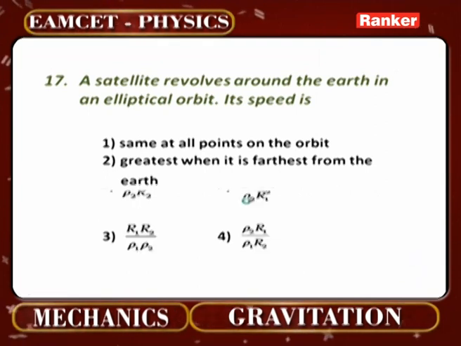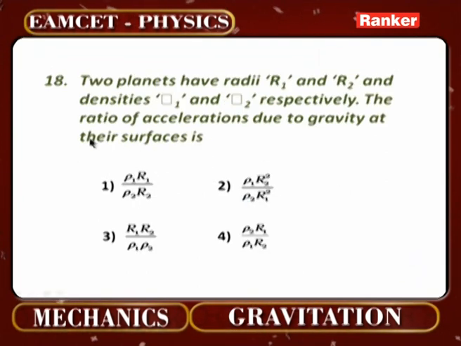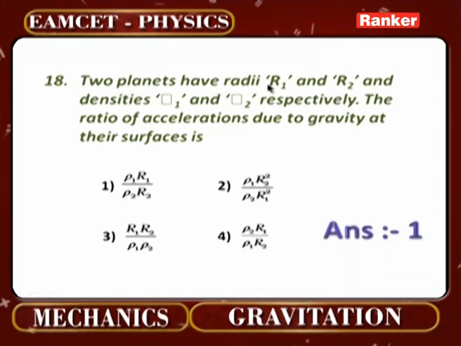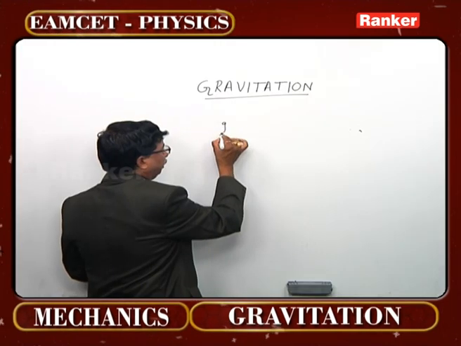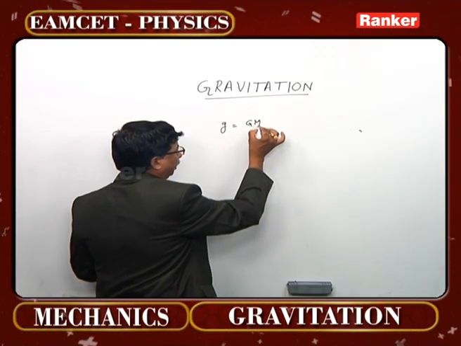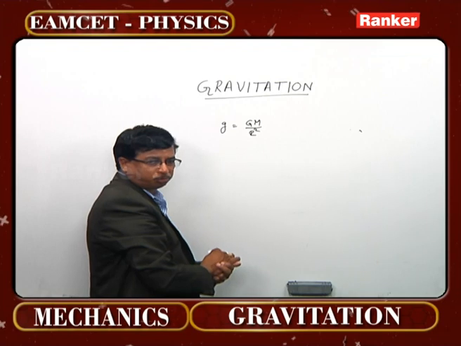Now look at the next number, problem number 18. Two planets have radii r1 and r2 and densities ρ1 and ρ2 respectively. The ratio of accelerations due to gravity at their surfaces will now be how much? One point you should remember: small g is equal to GM by r square, every one of us knows.